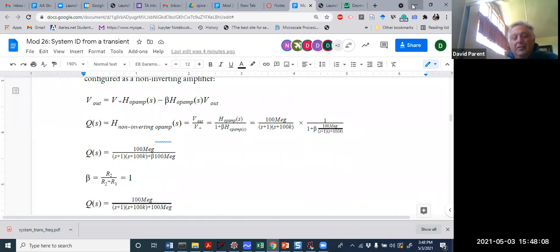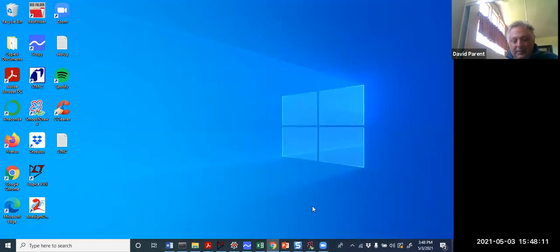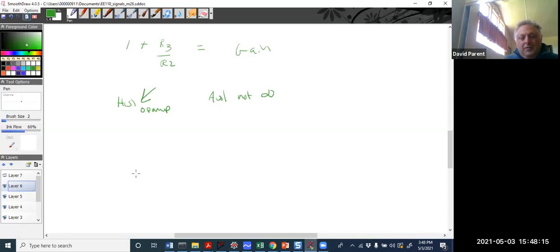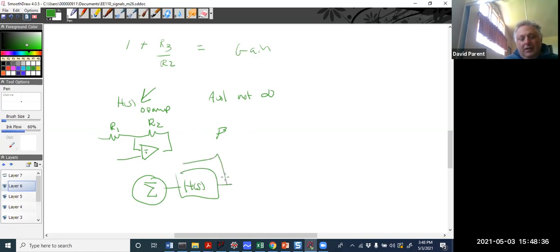Now, this is something else I have to point out. I'm not going to do, I'm going to change the numbers here, right? Beta, what is being fed back in, right? That's my plus, that's my H of S, right? What's being subtracted, right?